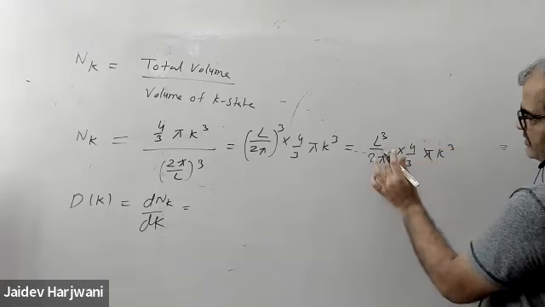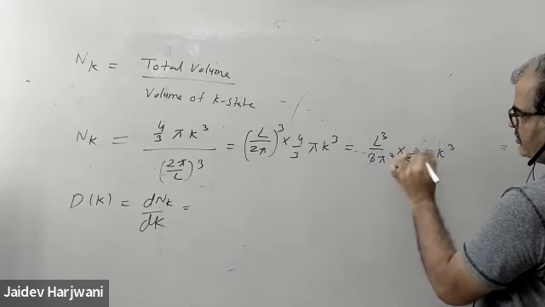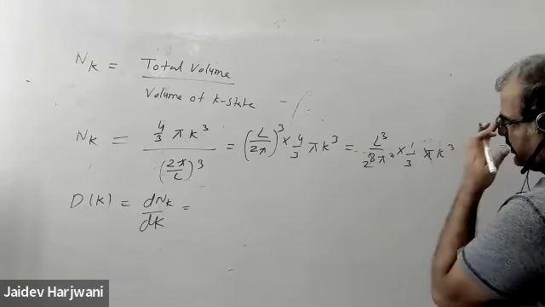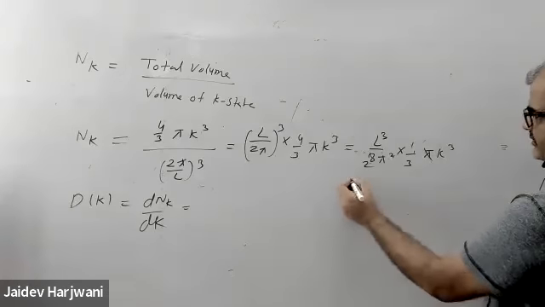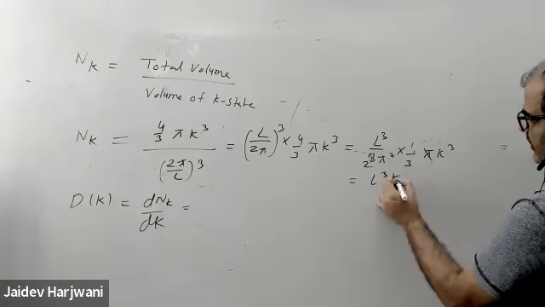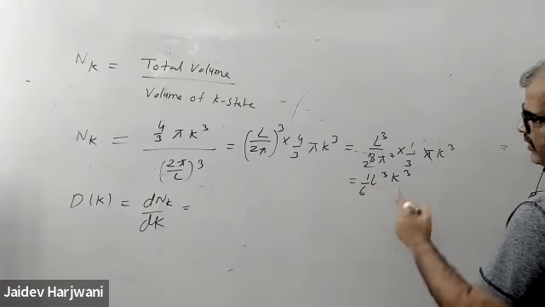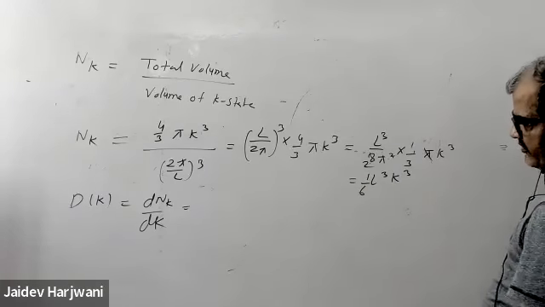π cancels, we have π², the 1 cancels, you have 2 here. So you have L³ k³/(6π²). Now if you differentiate this, what will come?